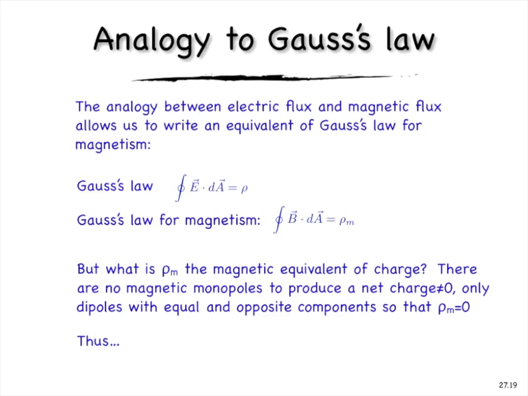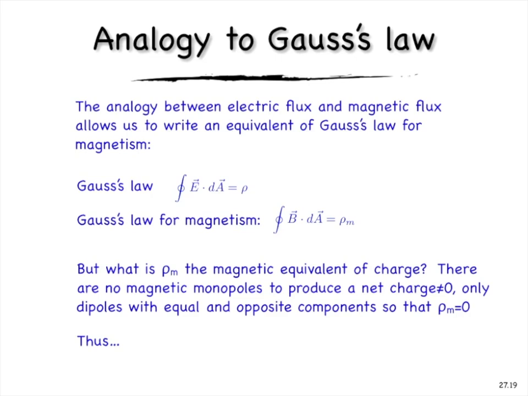And vice versa. If flux is going into a surface, there must be some negative charge, which is where the field lines are going to. And that qualitative relationship expressed itself quantitatively in Gauss's law. So the flux equaled rho over epsilon. The over epsilon is missing there. Okay, so that was Gauss's law.